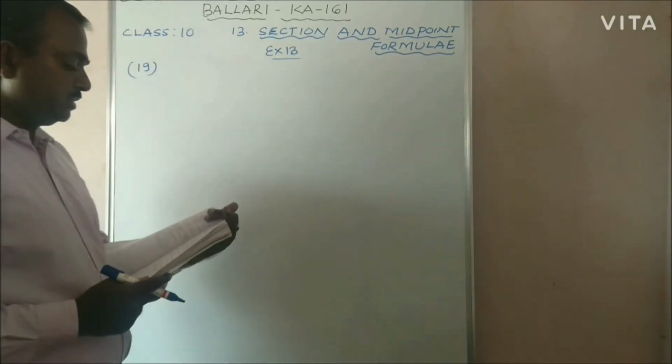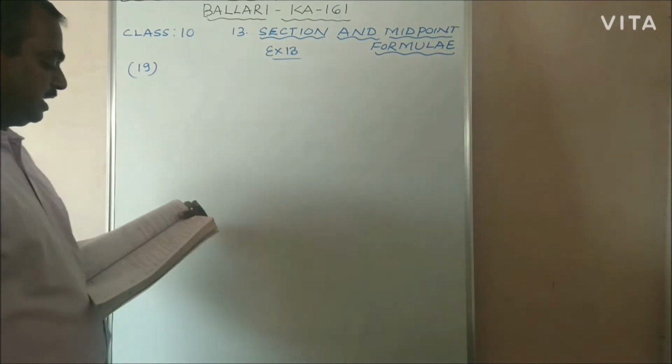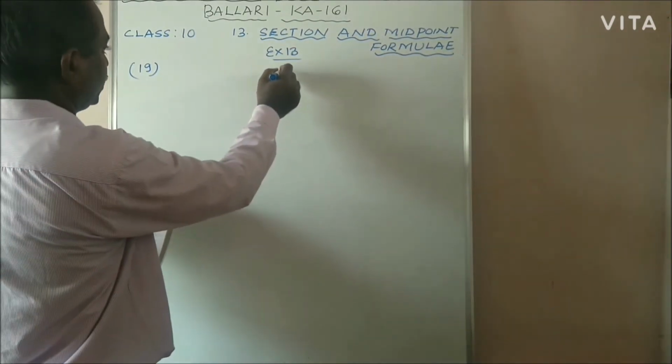The midpoints of the sides BC, CA and AB of triangle ABC. Okay, first I will draw the triangle ABC.